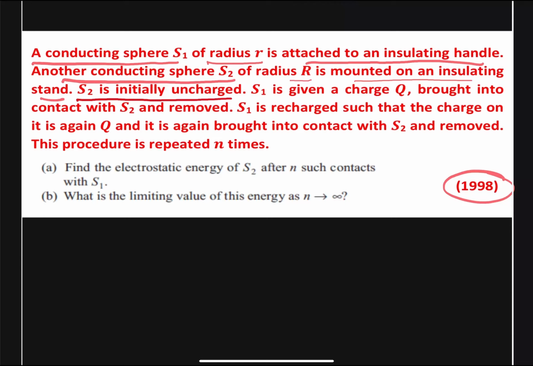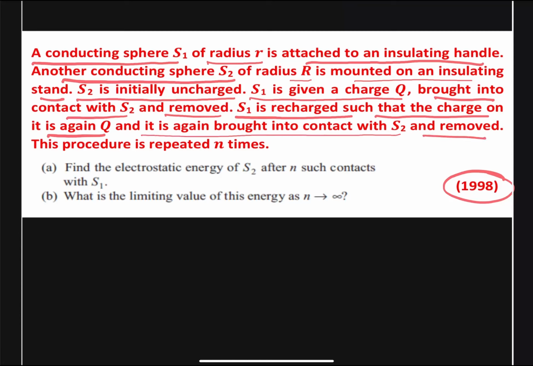S2 is initially uncharged. S1 is given a charge Q, brought into contact with S2 and removed. S1 is recharged such that the charge on it is again Q, and it is again brought into contact with S2 and removed. This procedure is repeated n times.